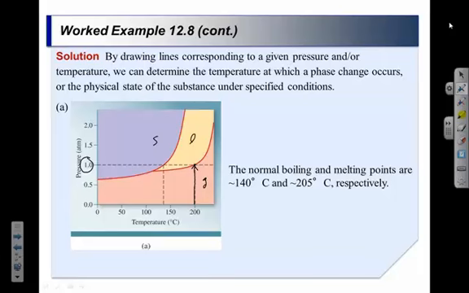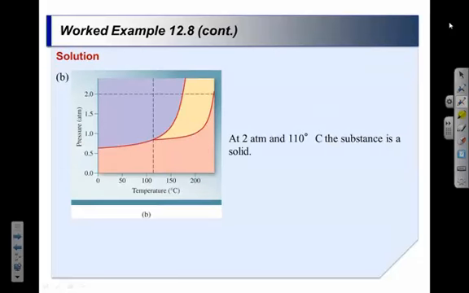The normal melting point is when I have equilibrium between liquid and solid. The normal melting point is when I'm at 1 atmosphere, so the temperature required to be at that position is going to be about 130. So under normal conditions or 1 atmosphere, you should be able to determine the freezing point, which is the same as the melting point, or the boiling point.